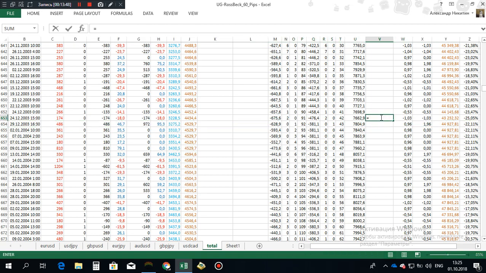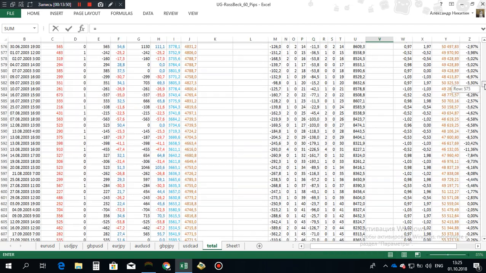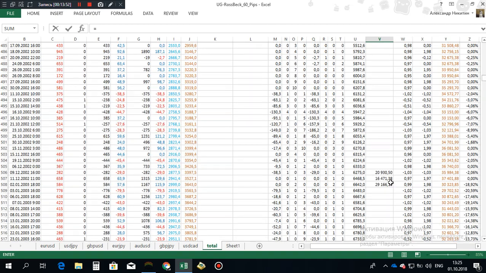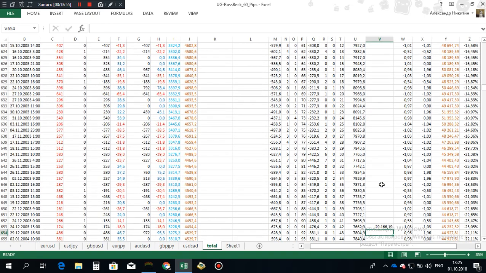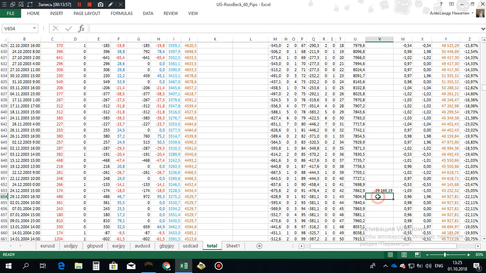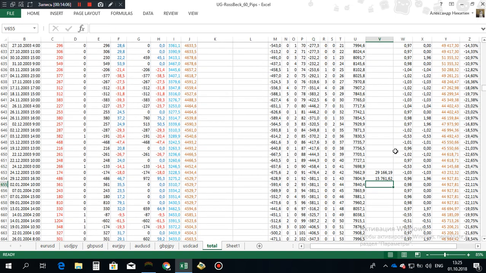This equals our old account. Here it is. Okay, net profit equals what we have right now minus what we started from. Okay, it is 15k generated, and our new account equals this plus half of our profit.